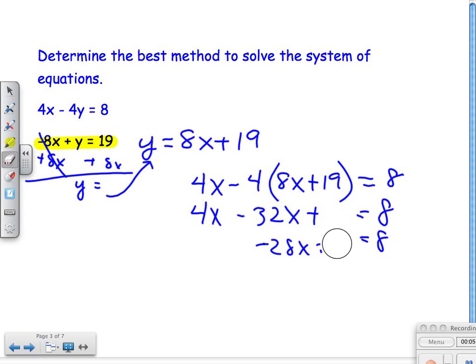Thank you. Felt wrong. 4 times 19 is 76. So plus 76. There we go. So now, it should be minus 76 though, shouldn't it? Yes. Right. So now we'll add 76 to both sides.